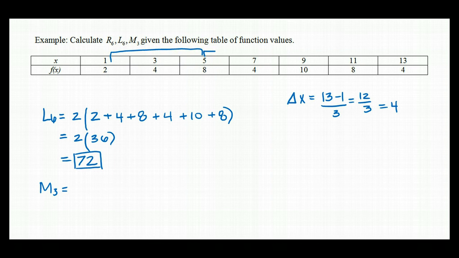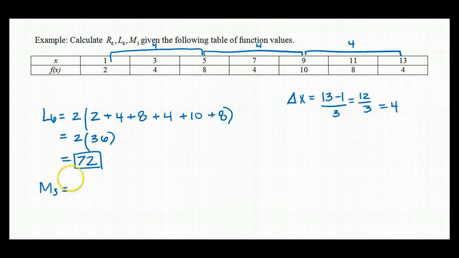And now I can go between 5 and 9, which is 4. The first one's delta x was 4 as well, and I have the midpoint between 5 and 9 is 7. And then finally between 9 and 13, my delta x is still 4, so each of these are uniform, the same delta x, but I have the function value halfway between the midpoint between 9 and 13. That function value is 8.